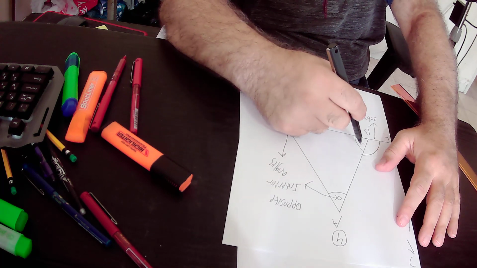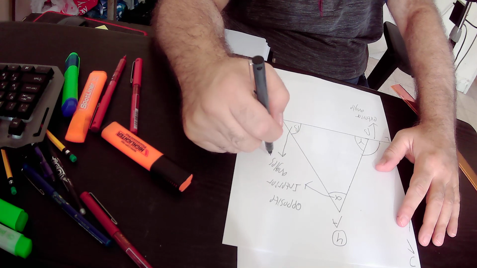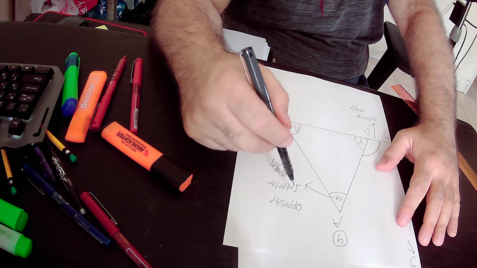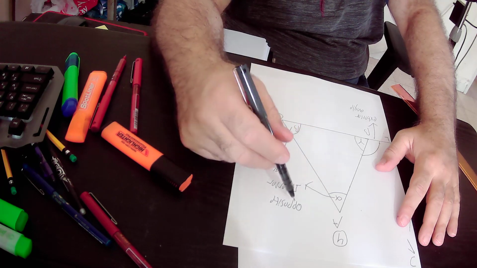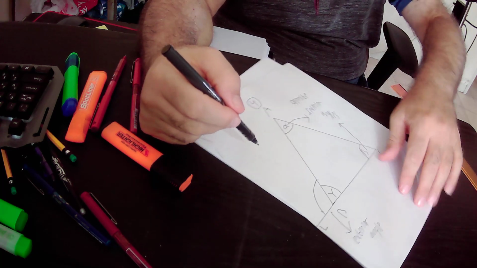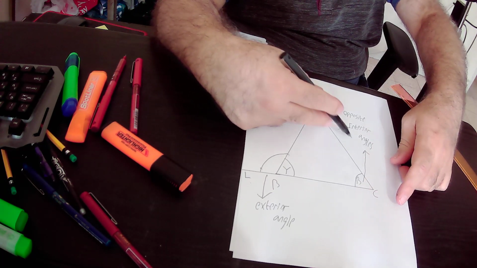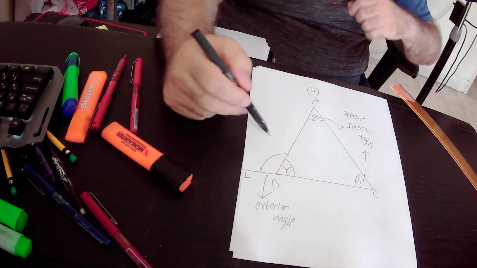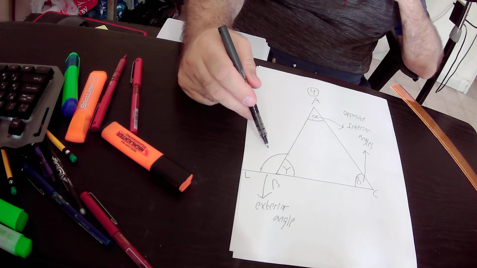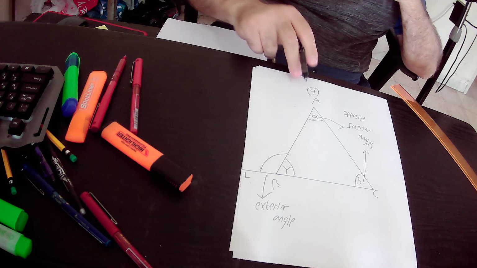So angles alpha and beta are opposite interior angles, and this angle ABL is defined as an exterior angle.